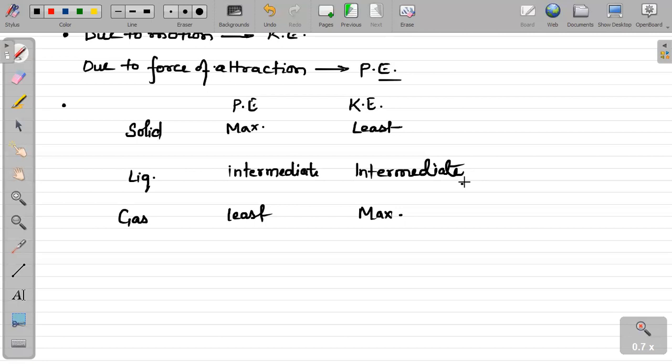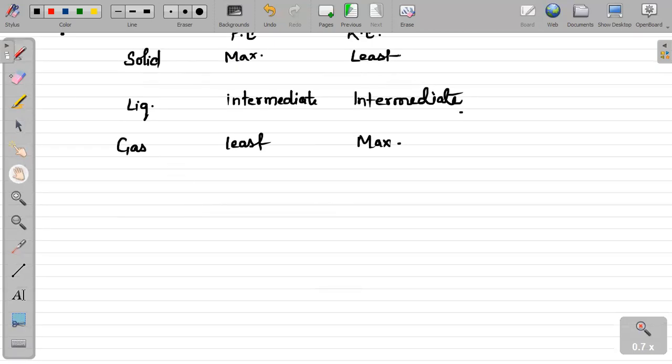The total kinetic energy of molecules of the substance is called internal kinetic energy. Underline this. And total potential energy of the molecules is called its internal potential energy.